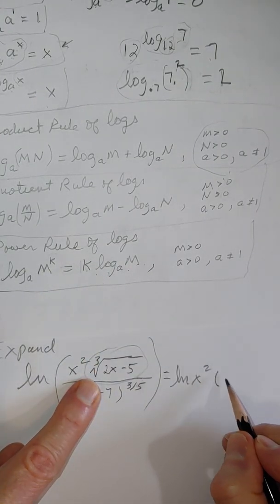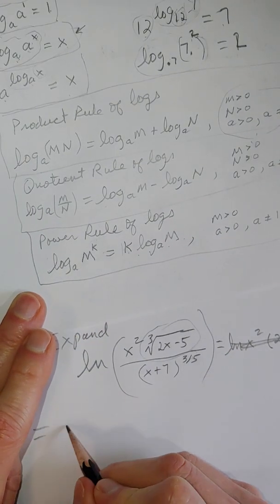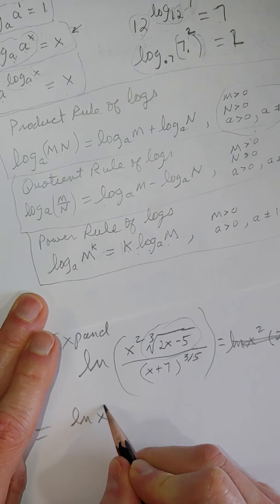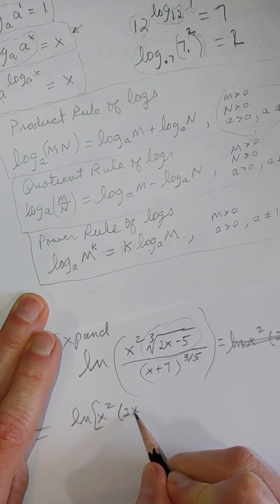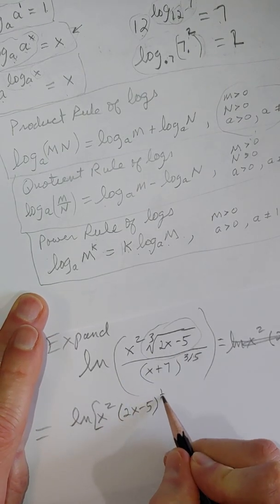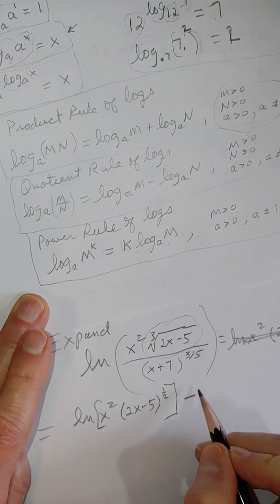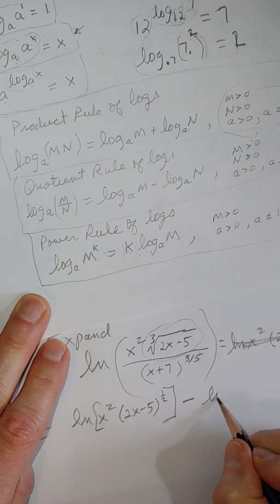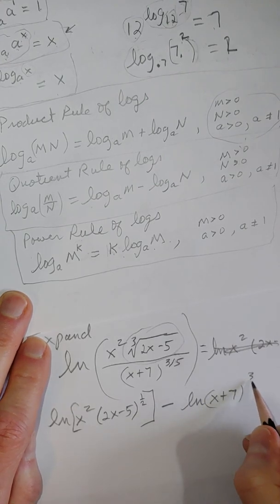So I'm going to write that here, since I don't have room, let me move down here. So equals ln of the numerator, x squared times 2x minus 5 to the 1/3 power, writing it with an exponent like that, minus the log of the denominator, ln of x plus 7 to the 3/5.